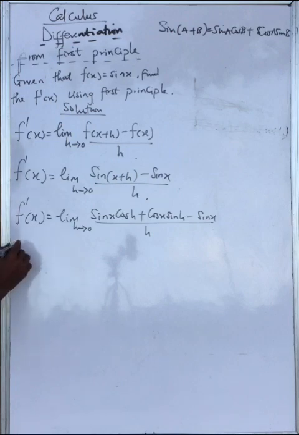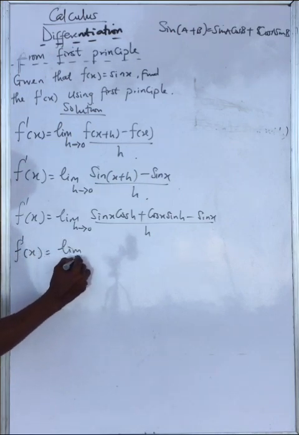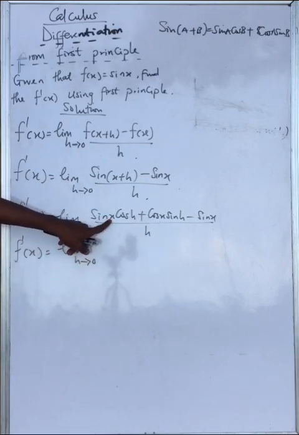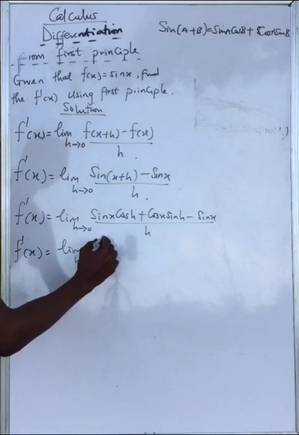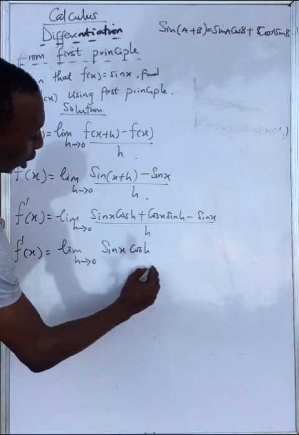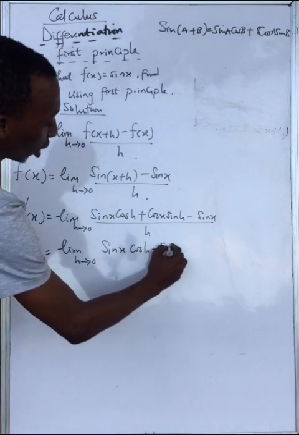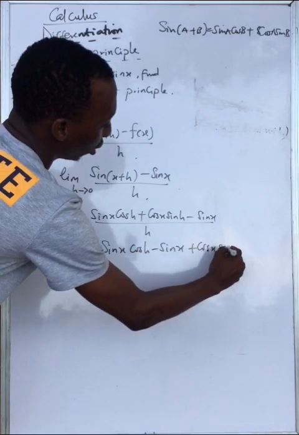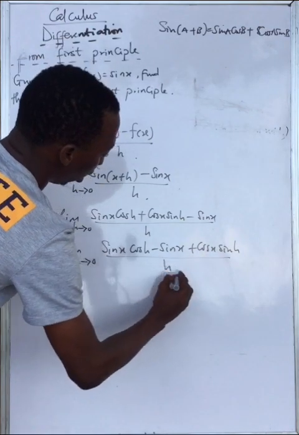So the next thing then, the f prime of x becomes the limit where h tends to 0 of, now let's factor out things. Bring the terms with sine x together. We have the sine of x, the cos of h, minus the sine of x, plus cos of x, sine of h, all over h.